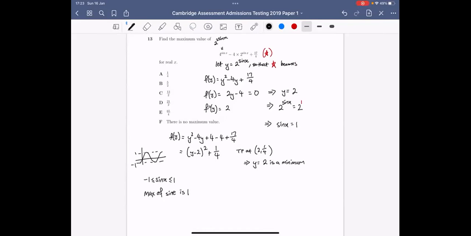But if the max of sine gives the minimum, then the minimum of sine gives the maximum, i.e. y equals 2 to the -1, which is a half. Is a half on there? No. Not sure now.